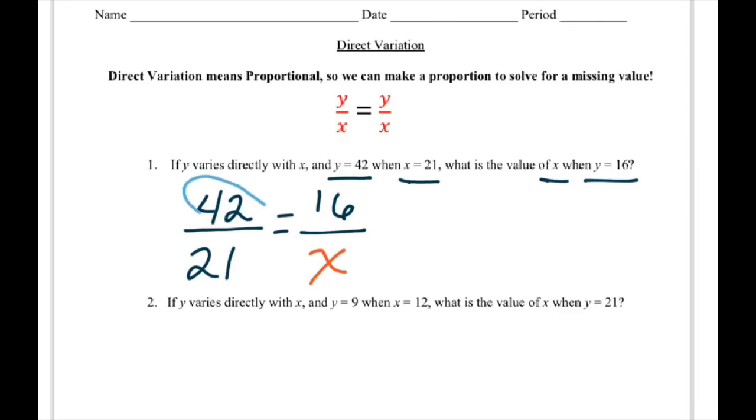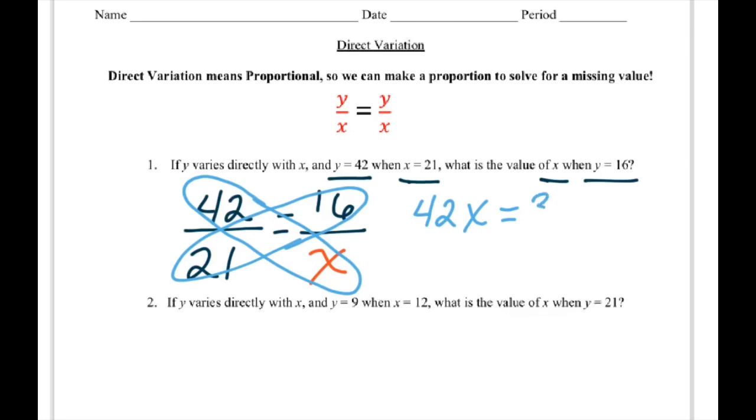What that means is we take the numbers across and we multiply. 42 times x is just 42x. We set it equal to the other side. So we cross multiply 16 times 21. And that gives the number 336.